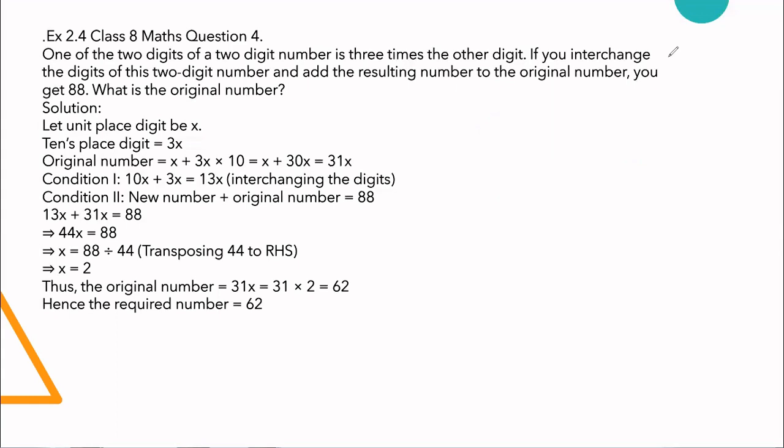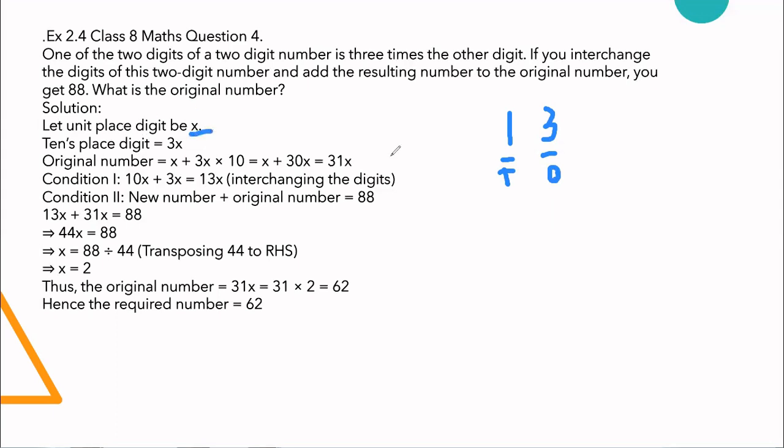So let us begin. As I had considered my example as 13, 3 is at the ones place and 1 is at the tens place. So 3 is 3 times. Correct. So let the ones place be x.